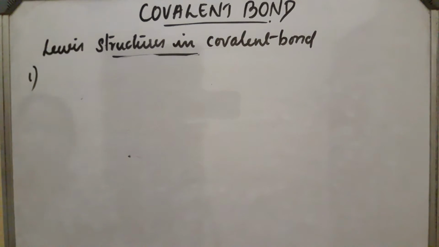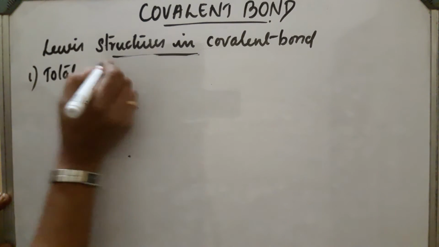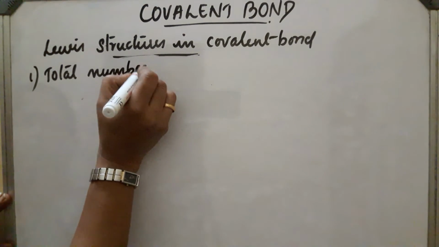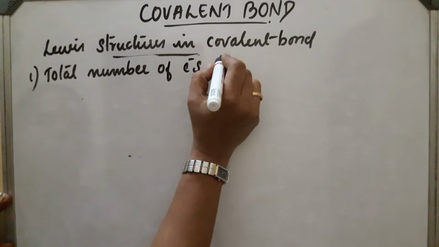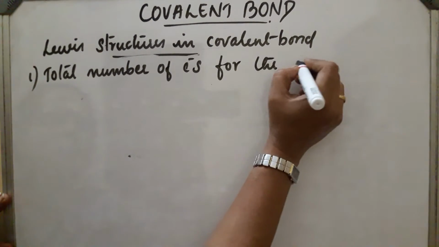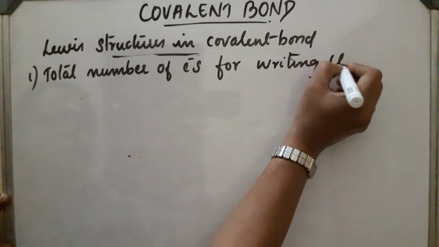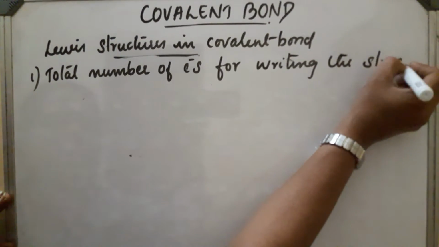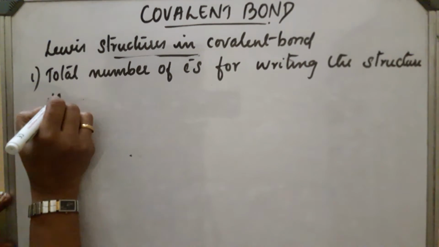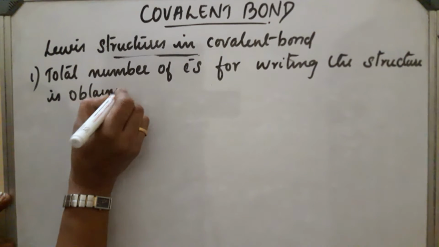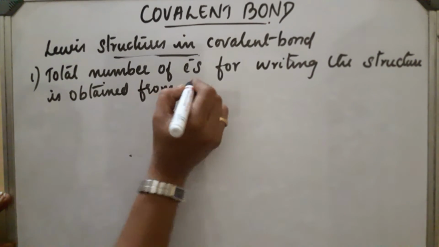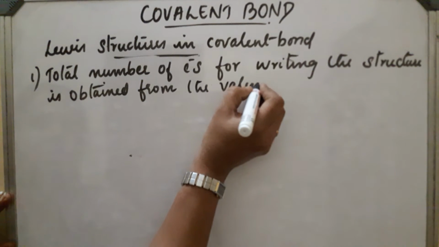First point, the total number of electrons required while writing the Lewis structure is obtained from the valence electrons of the combining atoms.